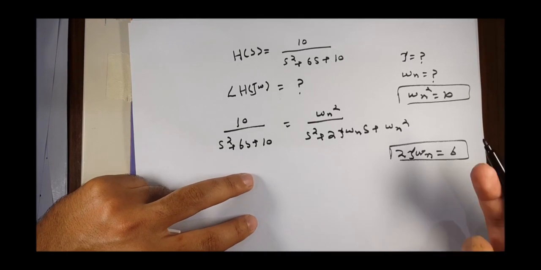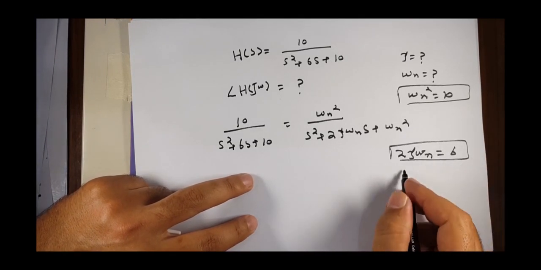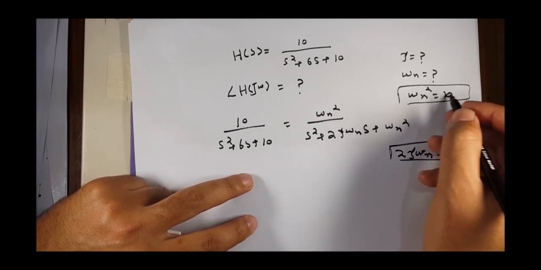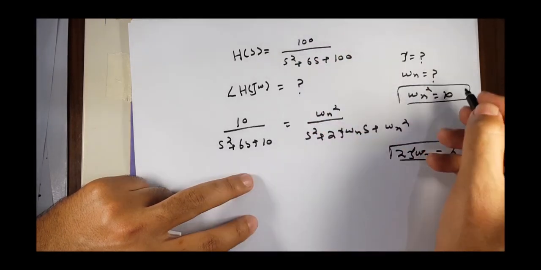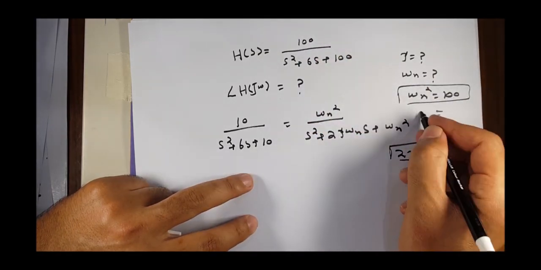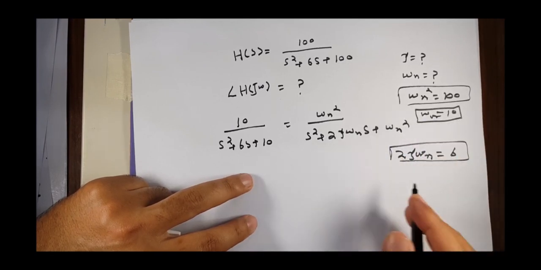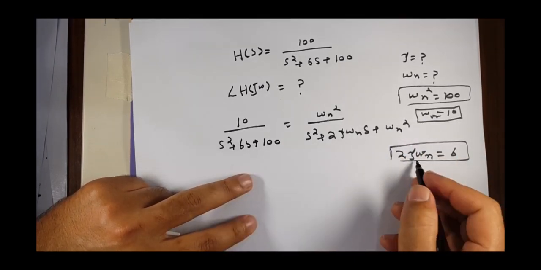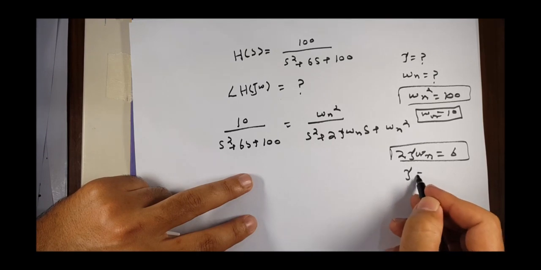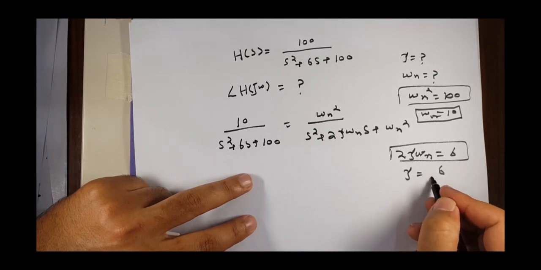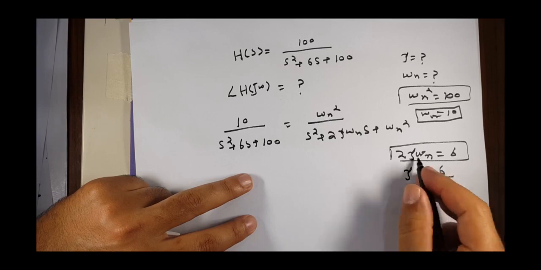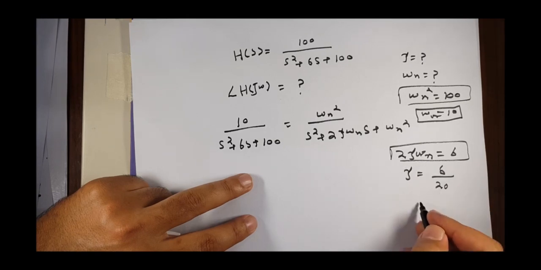Okay, you can easily find out what will be omega n, and let's say we change this 10 to 100, just for simplicity, so we will get omega n is equal to 10. Now what will be zeta? Zeta will be 6 divided by 2 omega n, which is 20.